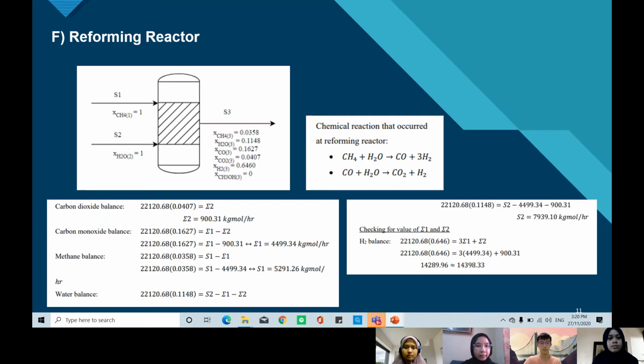For the reforming reactor, by performing the appropriate calculation, we can get that epsilon 2 is equal to 900.31 kilomole per hour. And for the carbon monoxide balance, we can find that epsilon 1 is equal to 4,499.34 kilomole per hour.